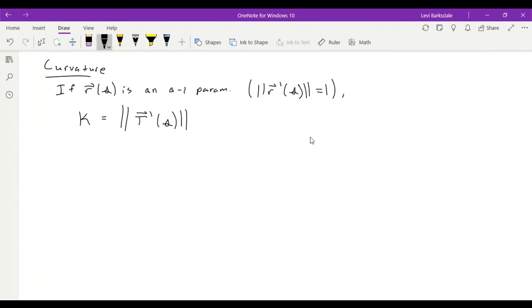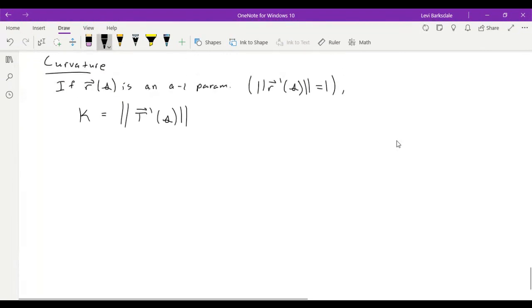I will say I very rarely use this function or this equation to find curvature, simply because the next one is applicable to a lot more functions.